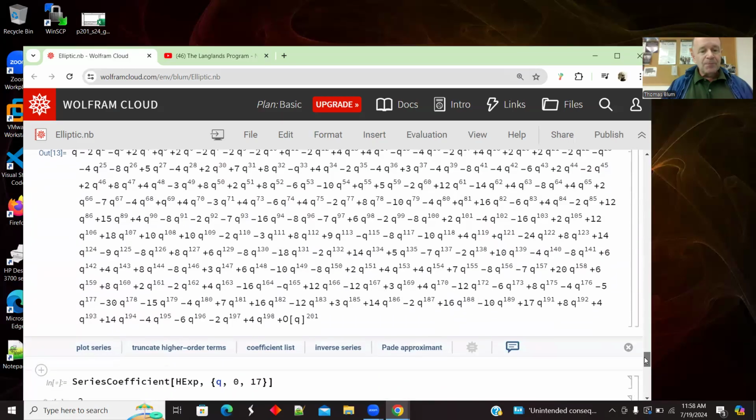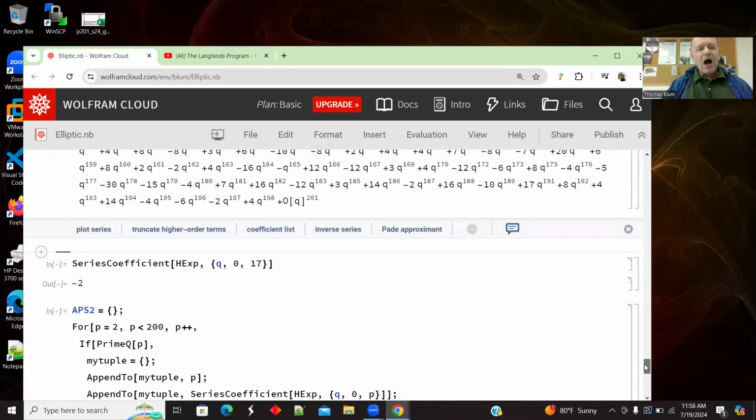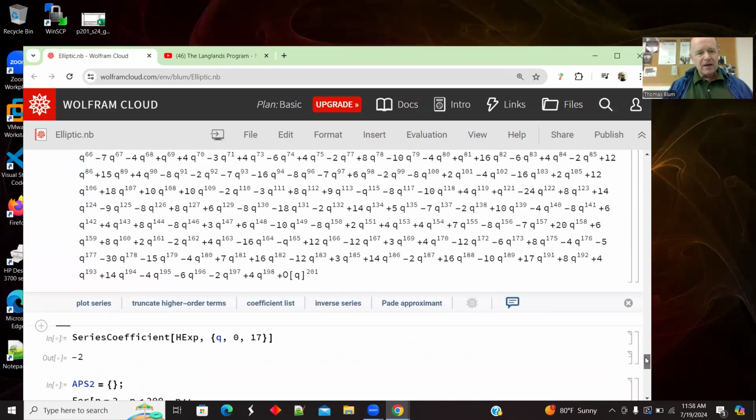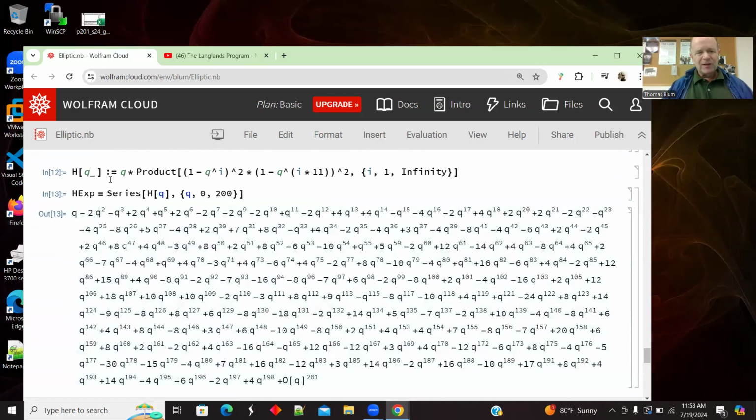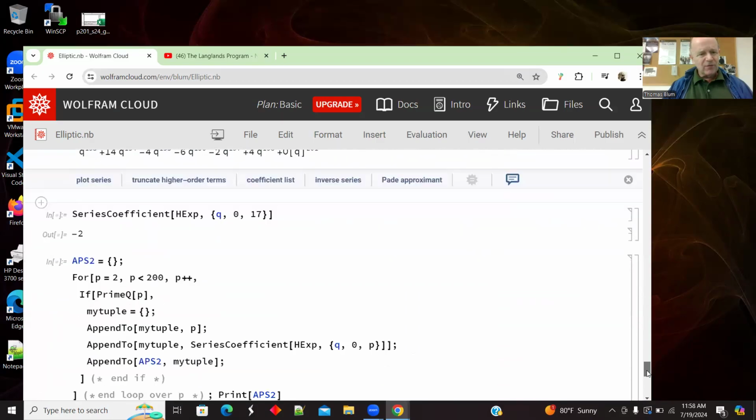Okay. Now let's make Mathematica work harder. Mathematica has a thing called the series coefficient, and so I can pull out a specific coefficient for a particular power. I can do the series coefficient of my expansion. Can't work here directly with HQ. It wasn't working for me.